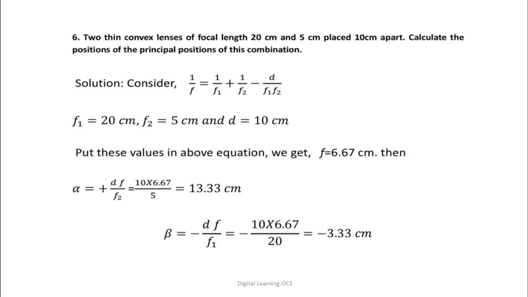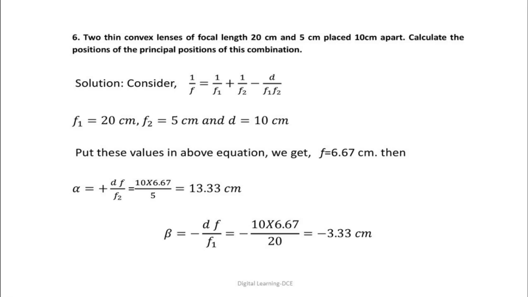Solution. Consider 1/f is equal to 1/f1 + 1/f2 - d/(f1 f2). f1 is equal to 20 centimeter, f2 is equal to 5 centimeter, and d is equal to 10 centimeter.